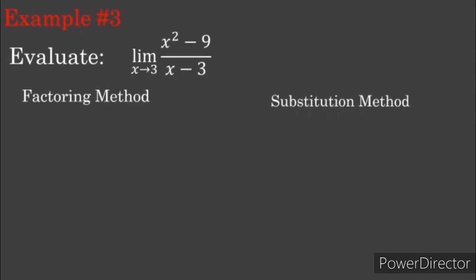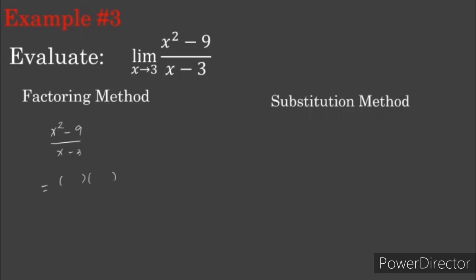So we have x squared minus 9 over x minus 3. Yung factoring natin dito na technique ay the difference of 2 squares. Why? Because x squared is perfect square, 9 is perfect square, tapos yung operation niya ay difference or minus.